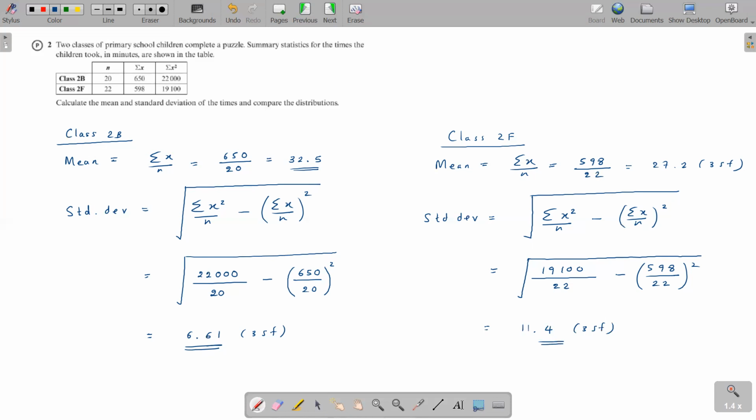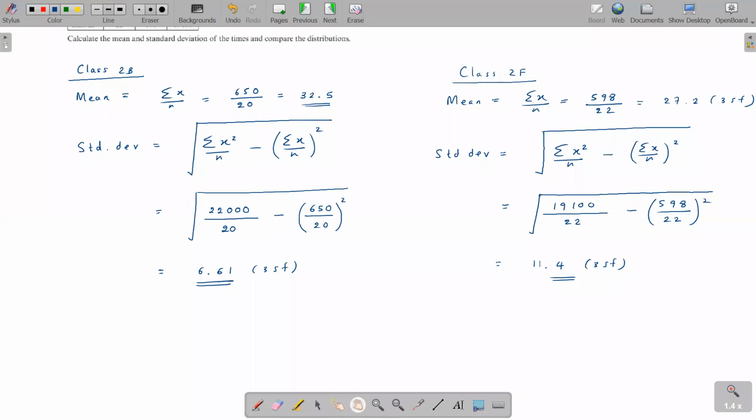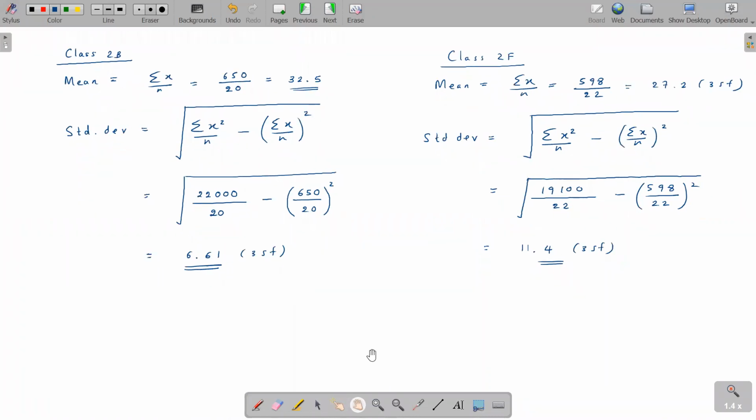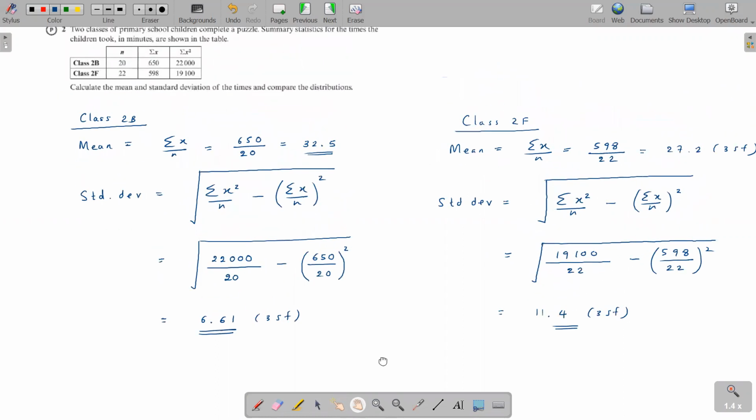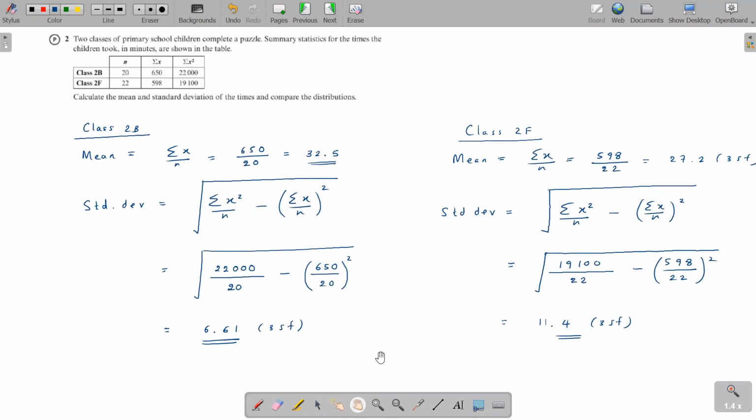Okay, so now we come to the comparison. You have to compare the means and the standard deviations. Just keep in mind what we are doing here. These are the summary statistics, in minutes, for the time it took children to complete a puzzle.